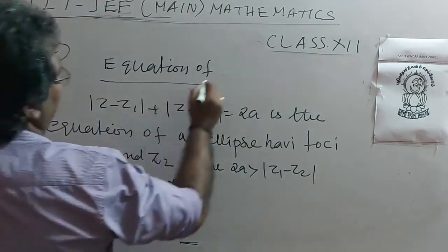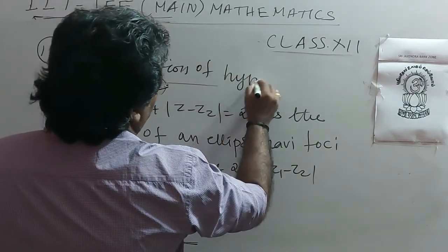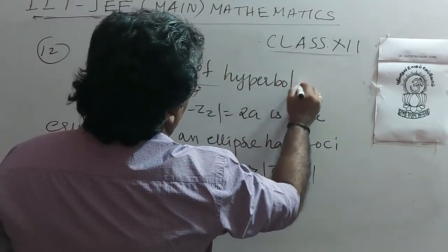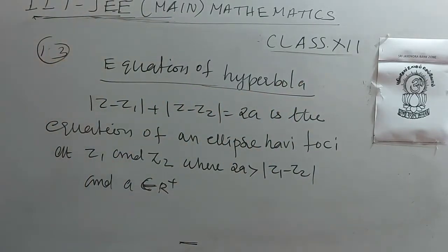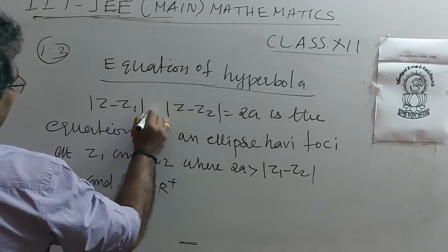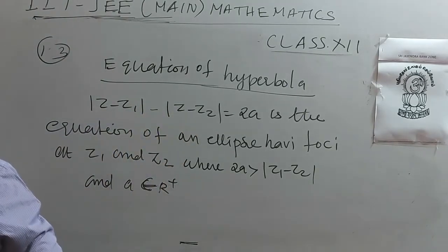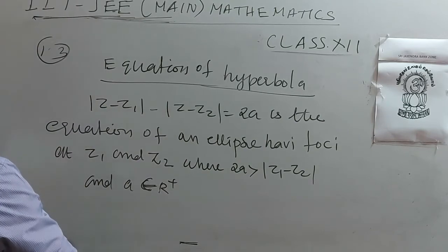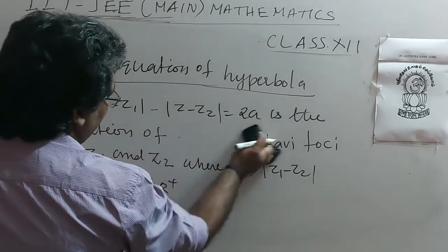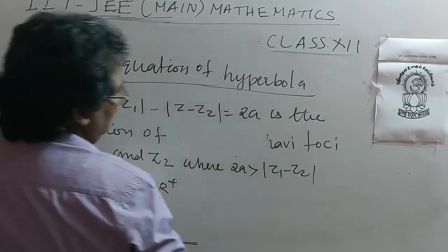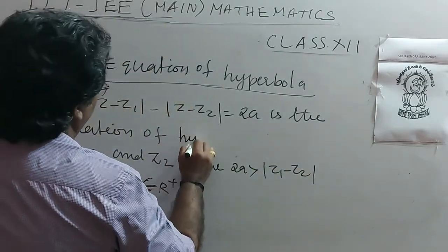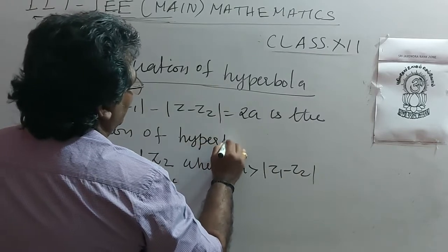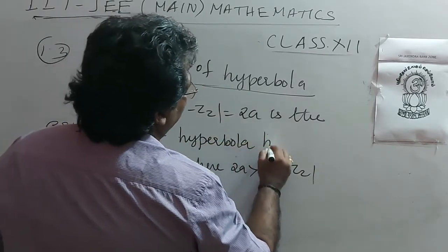Next, equation of hyperbola. Modulus of z minus z1 minus modulus of z minus z2 equal to 2a is the equation of hyperbola.